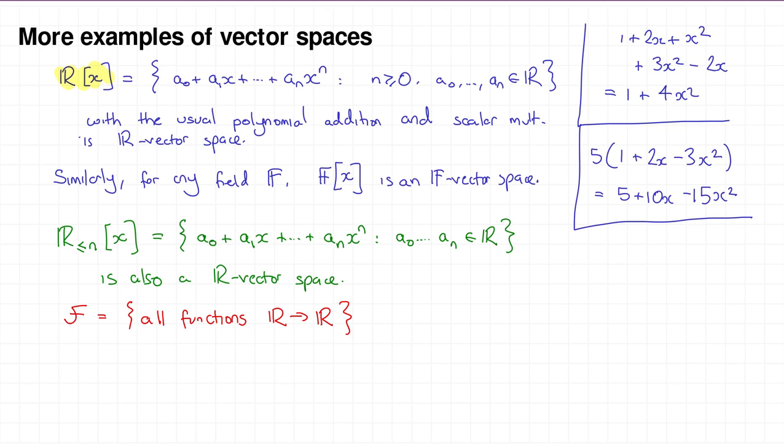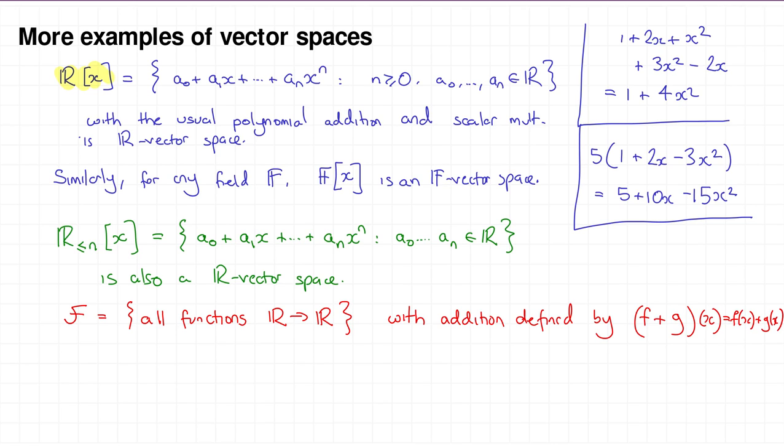But in order to define a vector space, you don't just give the set, you have to say what the addition and the scalar multiplication and the zero vector are. So let's define those things. The addition is going to be defined by, if you have two functions f and g, then we're going to define f plus g as the function which sends an input x to the output f of x plus g of x.